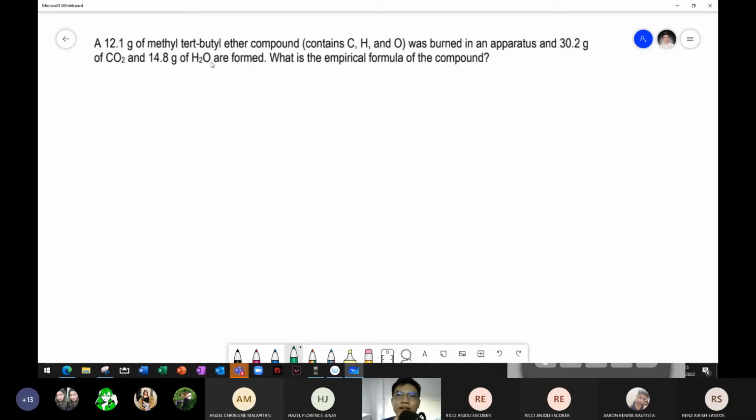If you can still recall your organic chemistry, this is easy to answer. Because you know, an ether has an oxygen in the middle. You have a methyl, and then a tert-butyl. So you already know the number of atoms. C: 1, 2, 3, 4, 5.